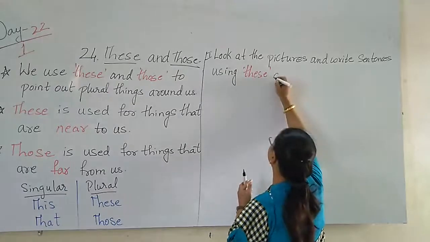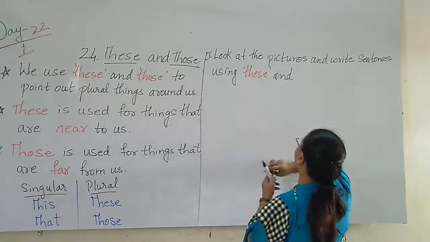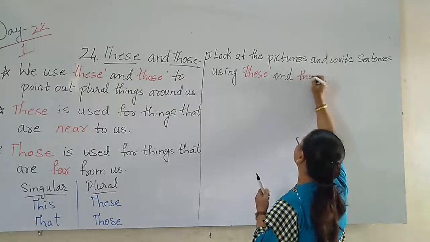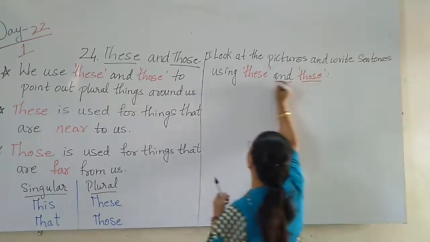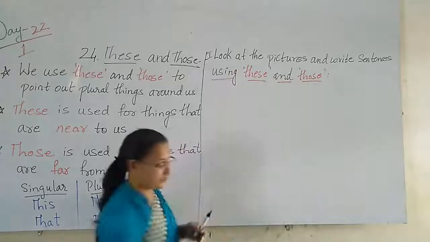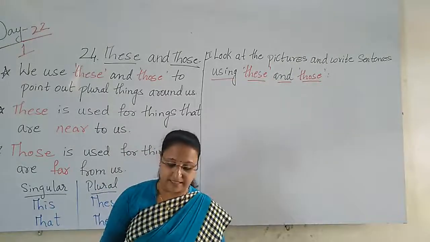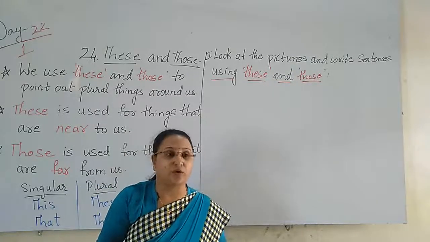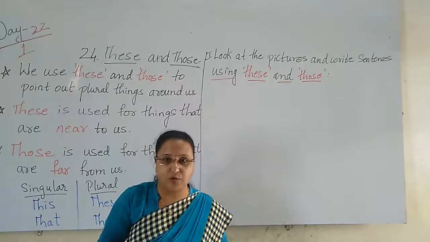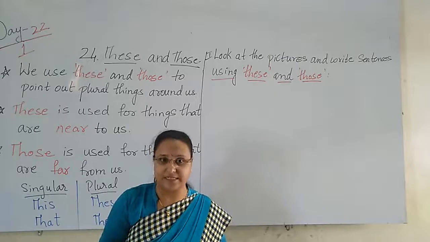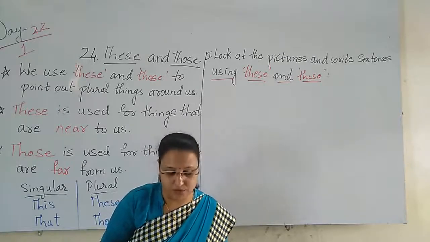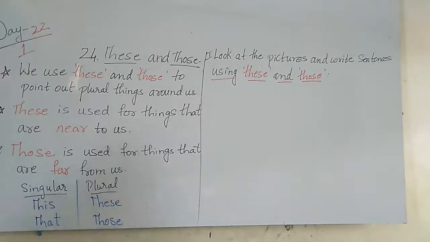These and those. Yes, children. Now here there is one work, children, that you have to draw the pictures. If not, you can get it Xerox and stick and write the sentences in your notebooks. So here we will begin the sentences now.